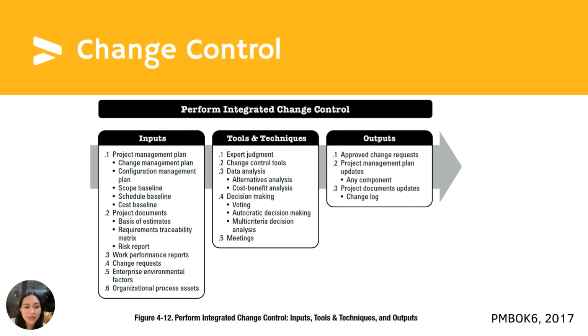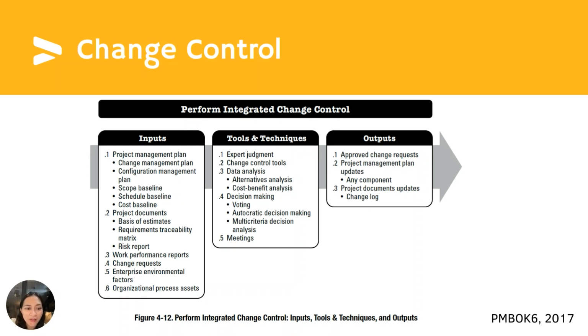As you can see here, this figure from the PMBOK manual is called Perform Integrated Change Control. It presents the inputs, the tools and techniques, and the outputs that are identified in the PICC, or the Perform Integrated Change Control. As you can see here, we have several inputs that we have identified. Under the management plan, we have our change management plan and configuration management plan.